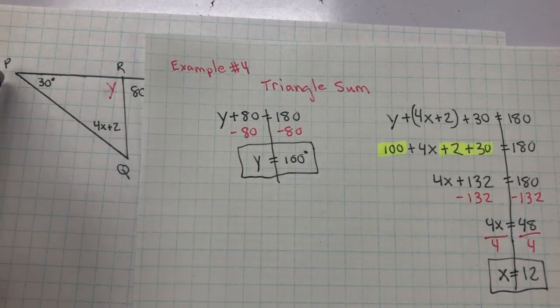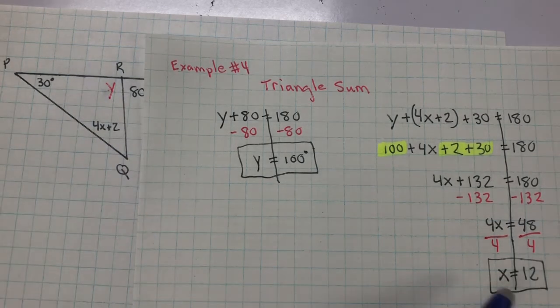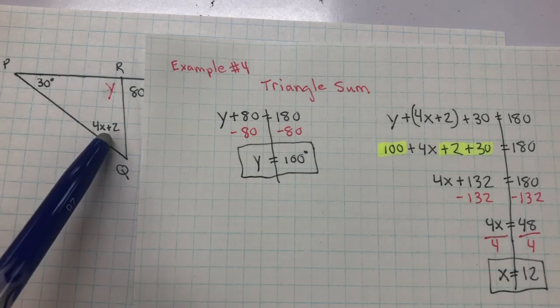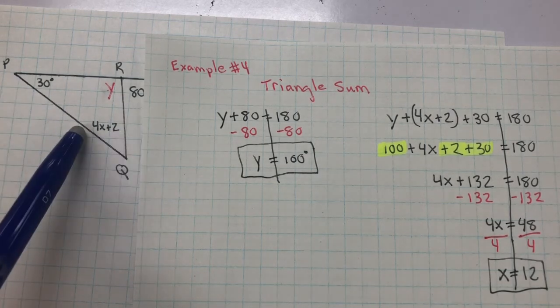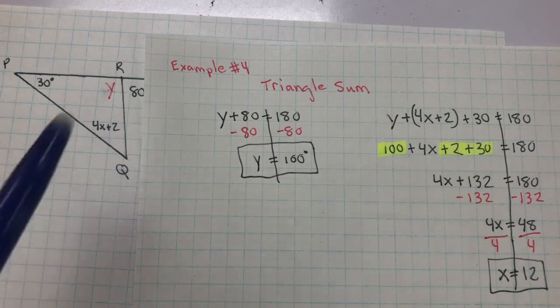Now, if you were asked to find the measure of angle PQR, you would substitute x with the value of 12. 4 times 12 is 48, plus 2 is 50. So the measure of this angle is 50 degrees.